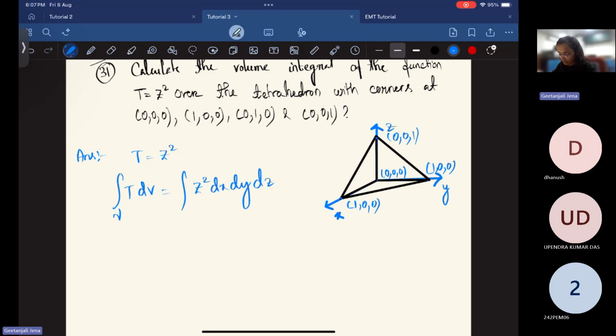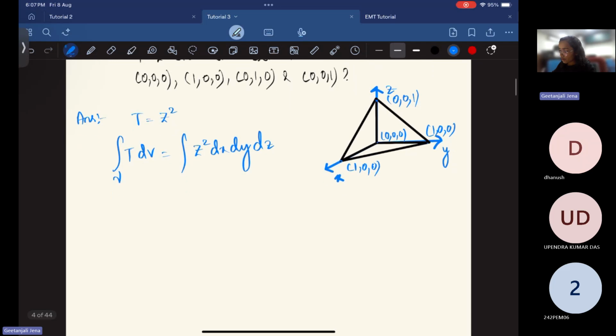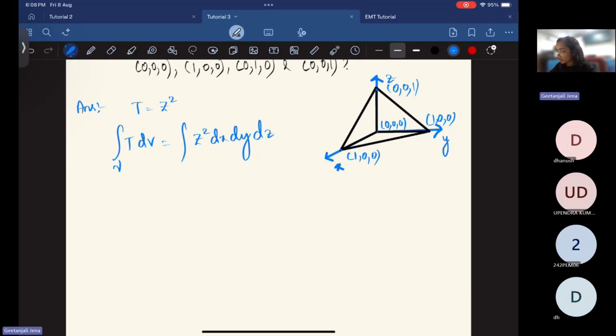To solve the volume integral, you need to know the limits of x, y and z, and how these different coordinates are related to each other. For this, we need to find the equation of one of the planes. Some of you must know how to find the equation of a plane given its corners.